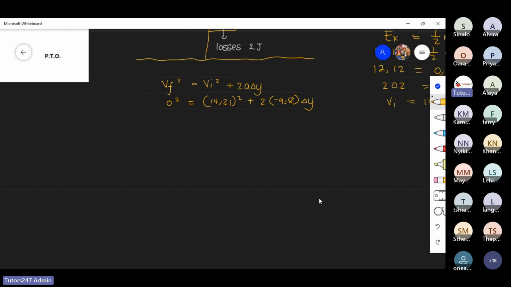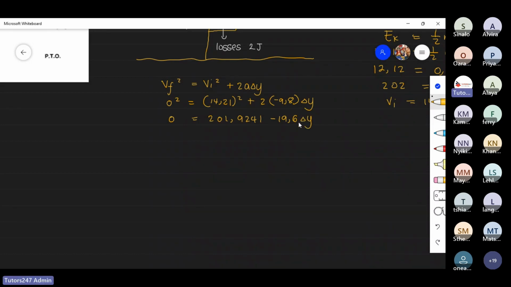So let us proceed. We now have 14.21 squared. That is going to give us a value of 201.9241. We still have 0. Now 2 times negative 9.8 is going to give us negative 19.6 delta y.